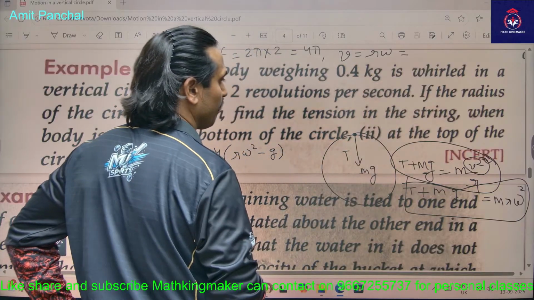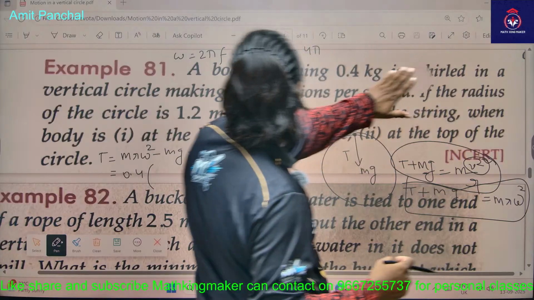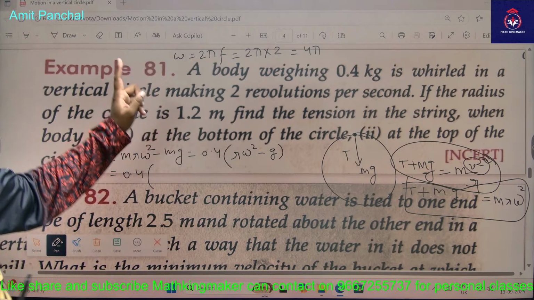Okay. Yeah, I just put omega only. Omega is 4 pi. Okay. But you can't say that it is its initial velocity. Initial velocity is not given here.